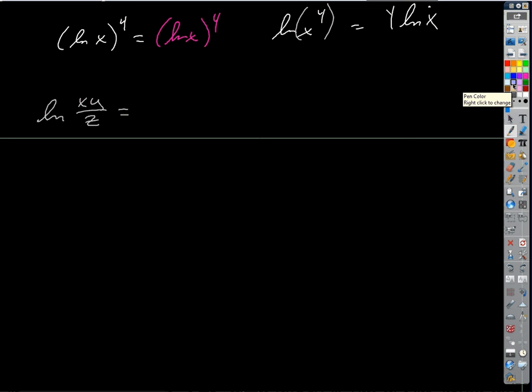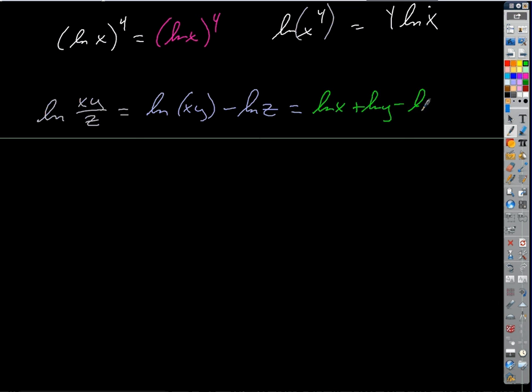So if I apply the quotient rule first, I've got the natural log of xy minus the natural log of z, but then what's the log of the product? It'd be the log of a product is equal to the sum of the logs, right? So log x plus log y minus log z. And really, I think you can just make that jump in one step, okay?